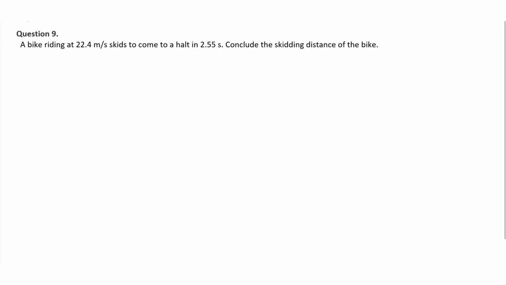Here's our question 9. It states that a bike riding at 22.4 meter per second skids to come to a halt in 2.55 seconds. Conclude the skidding distance of the bike.